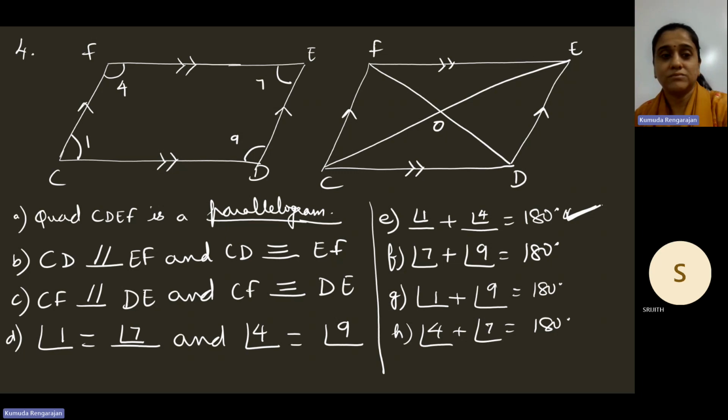No. You should say the parallel lines, the parallel sides. 1 and 4. Which are the parallel lines? See the C. And the C for 1 and 4. E. EF is parallel to which one?